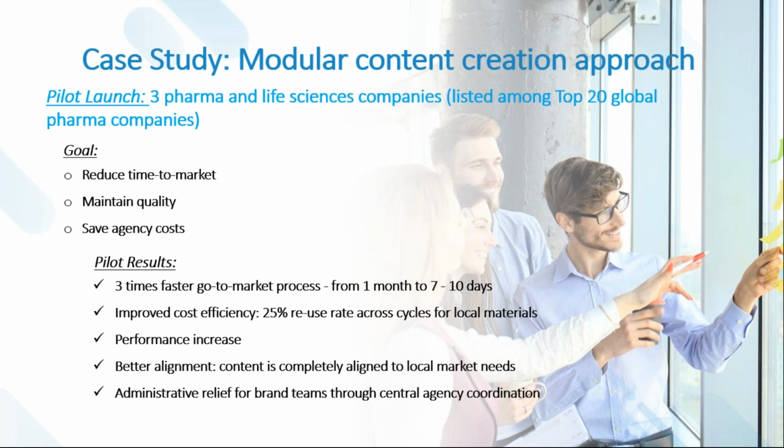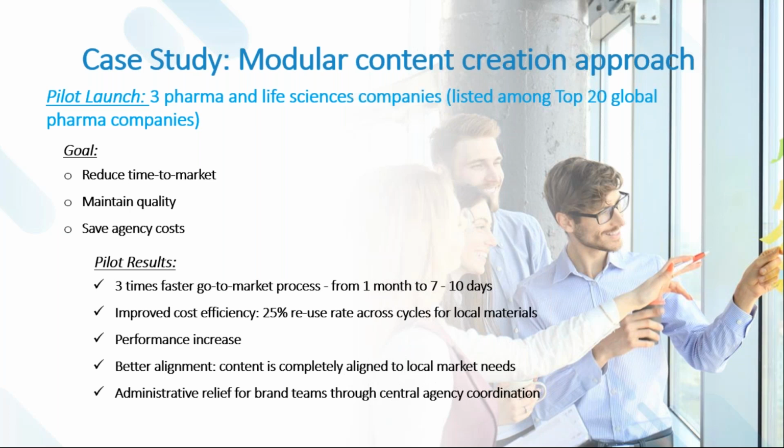The go-to-market process was improved by assembling content 3 times faster, from 1 month to 7-10 days, making it extremely fast within and outside of the pharmaceutical industry. Cost efficiency was greatly improved due to the current reuse rates across cycles of up to 25% of local materials.